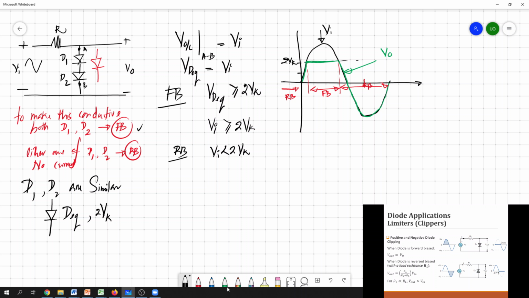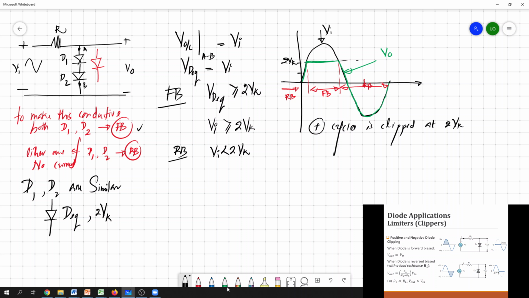So see, now for this case the positive cycle is clipped at 2 Vk. Once you add another similar diode in series with the previous one, then you can simply clip the positive cycle of the input at 2 times Vk.